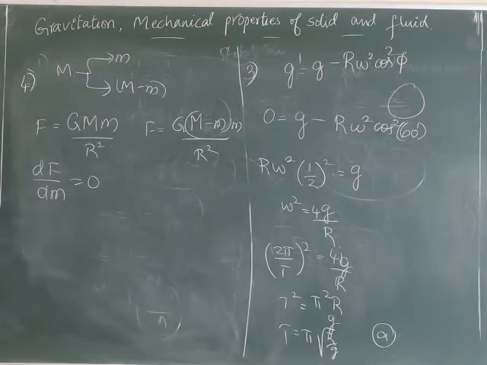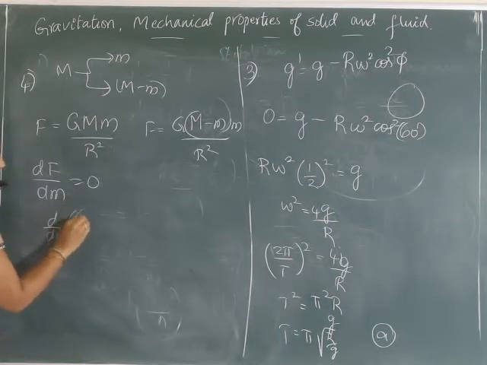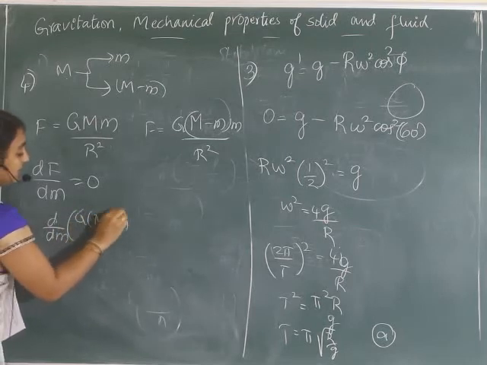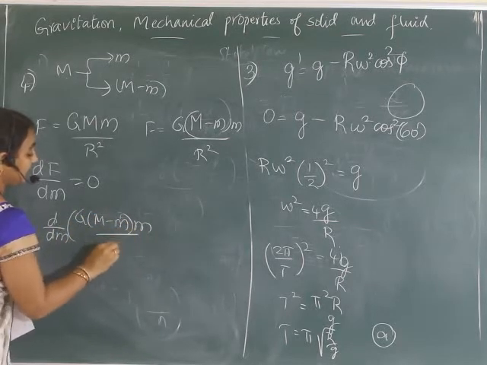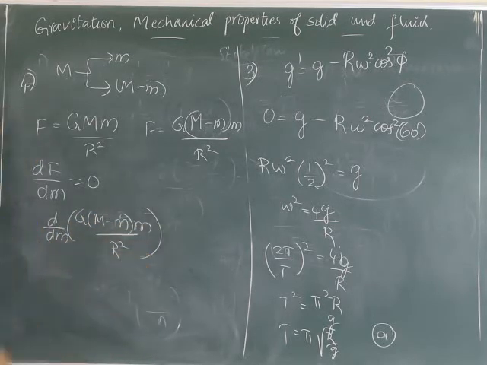Substitute the value of force here. d by dm of G (M minus m) into m divided by R square is equal to 0.